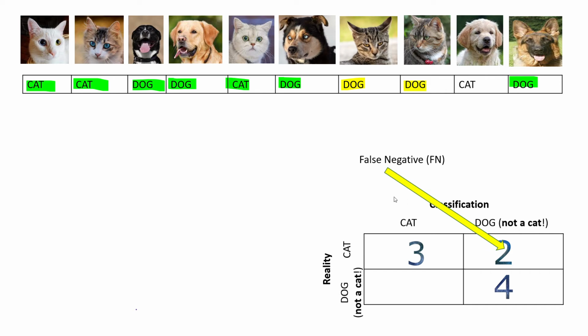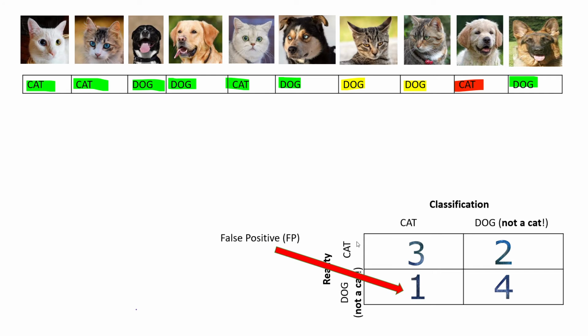And finally, the number of instances where the animal is not a cat, but is incorrectly being classified to be a cat is only 1, and this is what we call the false positive. In other words, the classification algorithm has falsely classified something that is not a cat under the group of cats, and that is false.